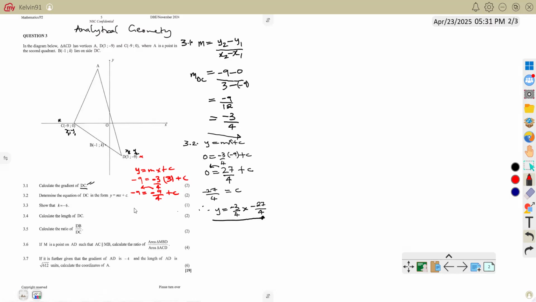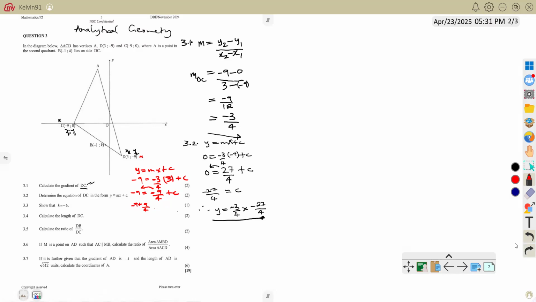If we wanted to have a denominator 4, negative 9 can be written as negative 36 over 4. Then this one becomes plus 9 over 4, and that will be equal to c.